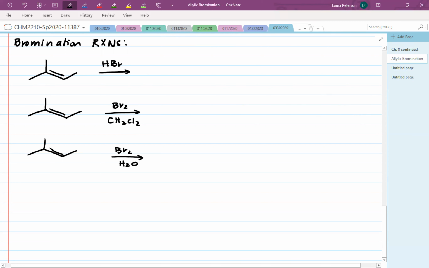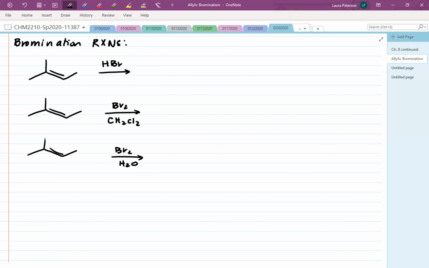Those cover all the chapter 6 halogenation reactions. You could also consider the chapter 7 alkyne halogenation reactions, but they're unique because we reacted those two pi bonds. We ended up with either a dihalide in the case of HBr, 2 equivalents, or a tetrahalide in the case of Br2 equivalents. So I'm going to ignore those for now.